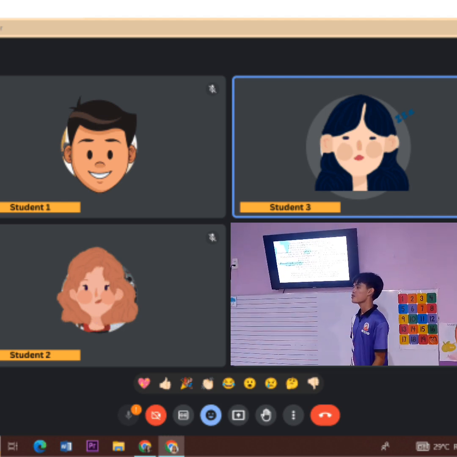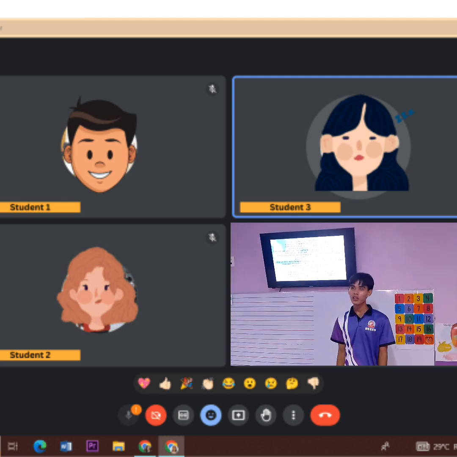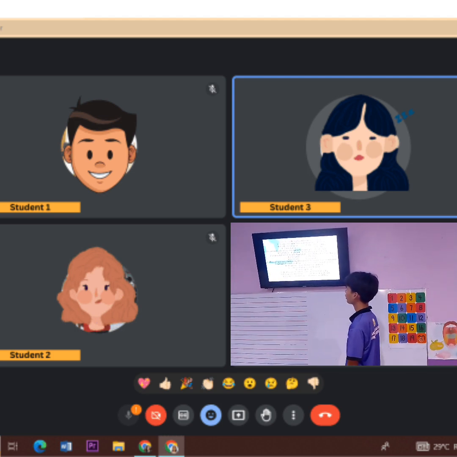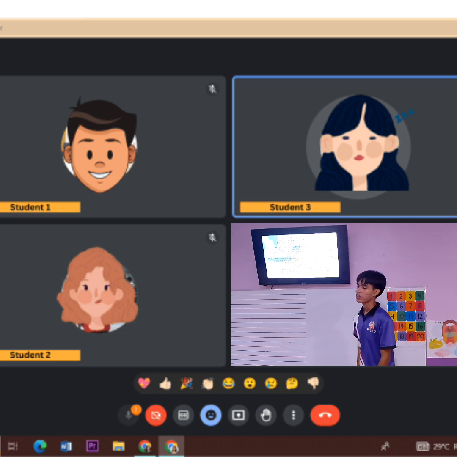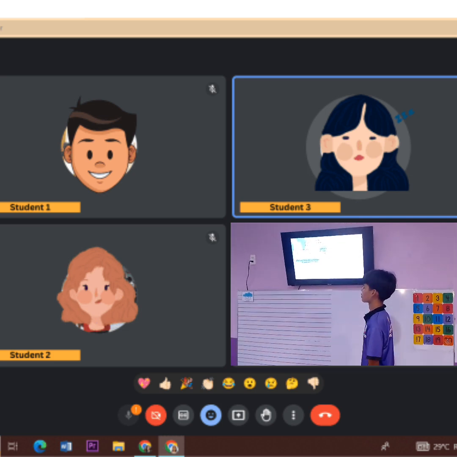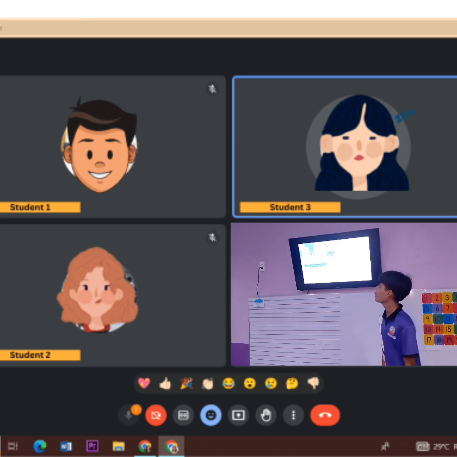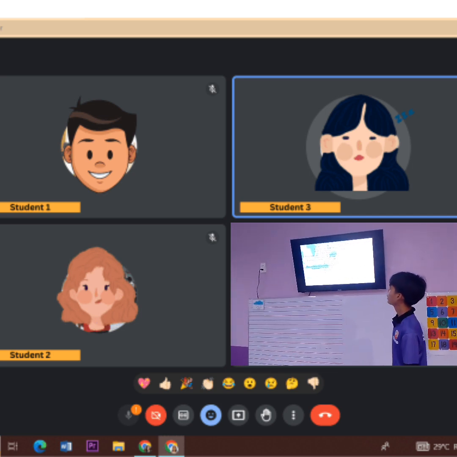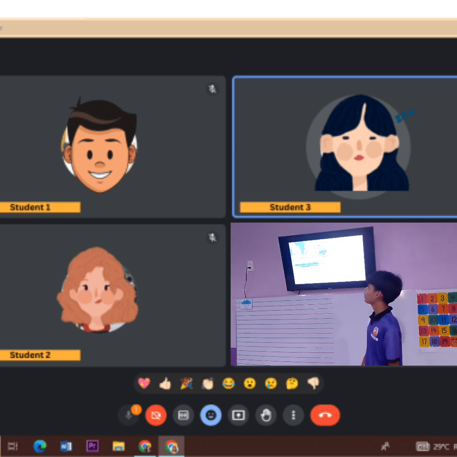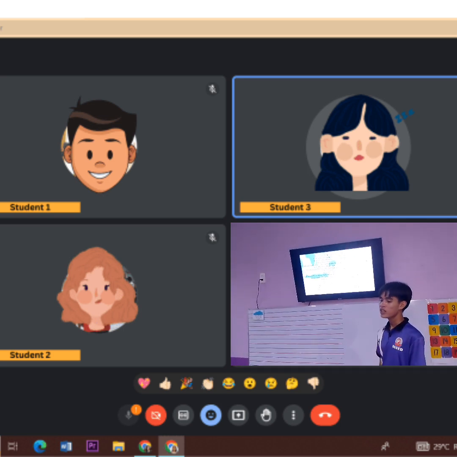Now we are going to move on to our evaluation. Directions: in a separate sheet, write only the letter of the correct answer. Question number 1. He was credited for the idea of continental drift theory. A. Alfred Wegener. B. Charles Darwin.